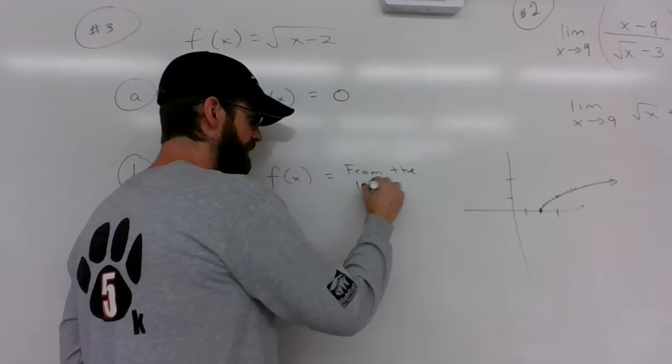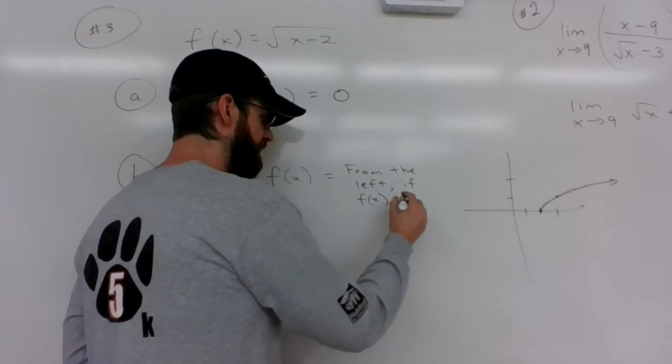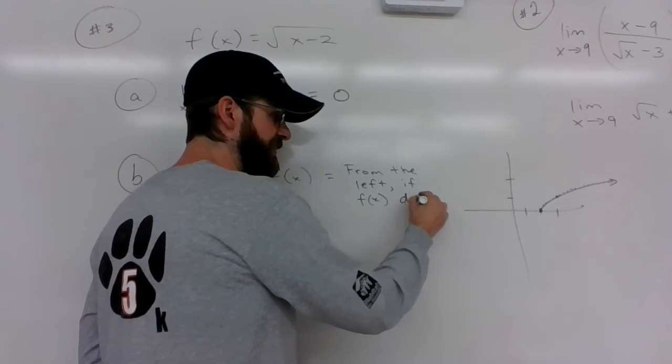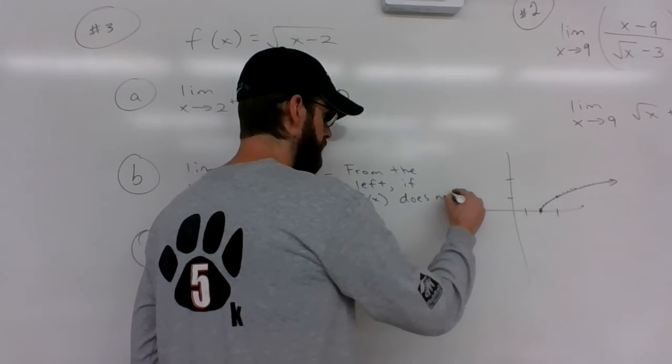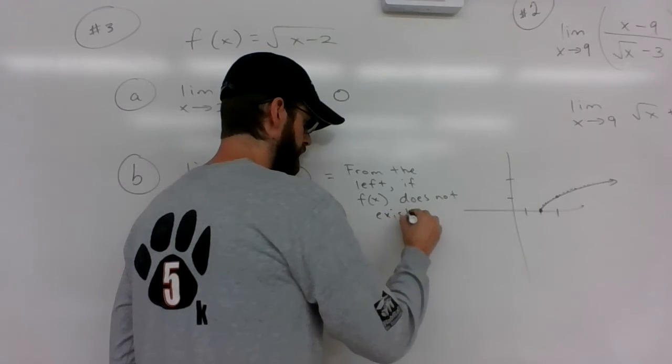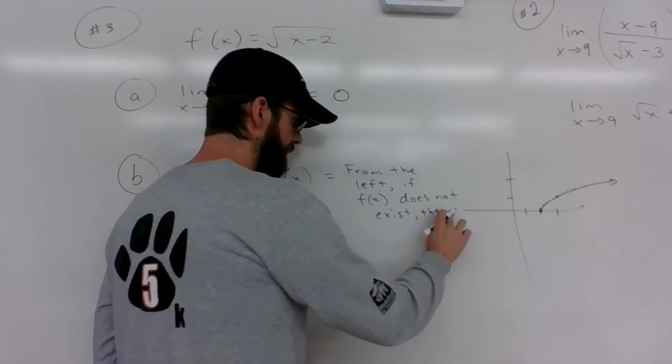Well, from the left, if f of x doesn't exist, like it literally doesn't have a domain less than 2, then the limit doesn't exist.